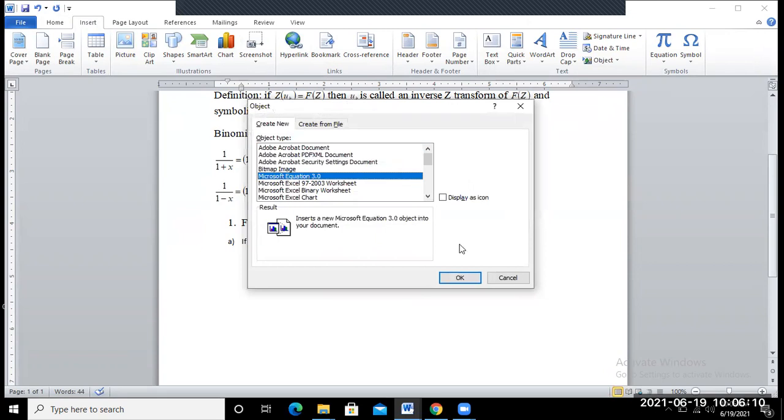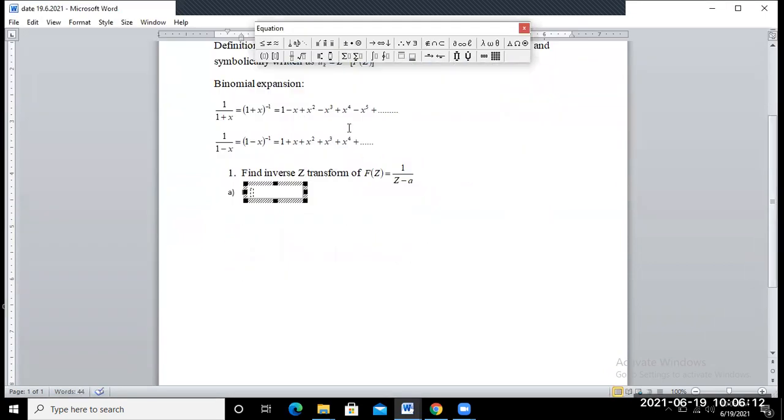So just try to write magnitude of z less than magnitude of a.